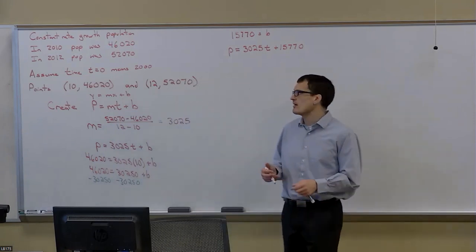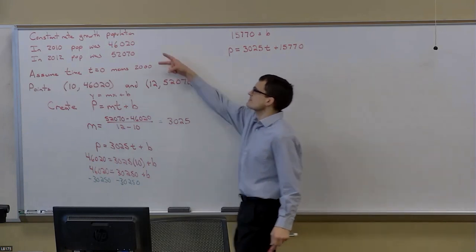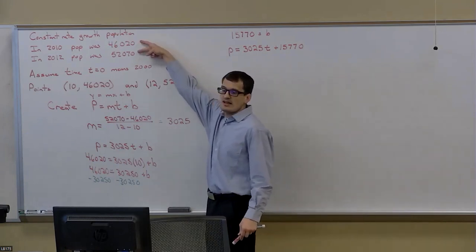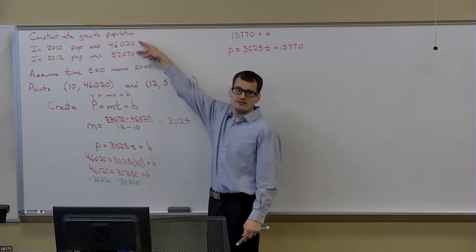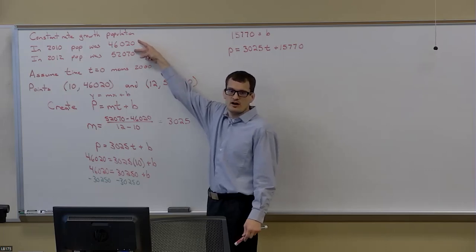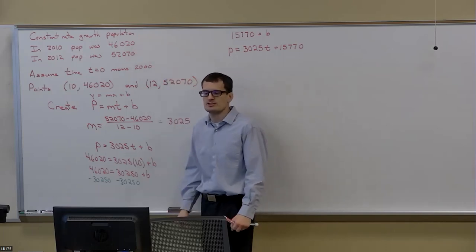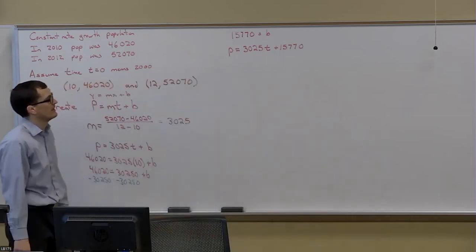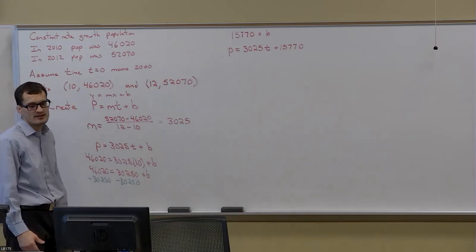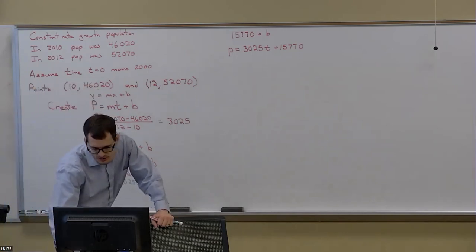And that's the main part. The main part is, can we see that these two pieces of information are really two different points of a line? Once we see that these two pieces of information are essentially giving me points on a line, then I can create that line. And then I can answer questions like the book asks.